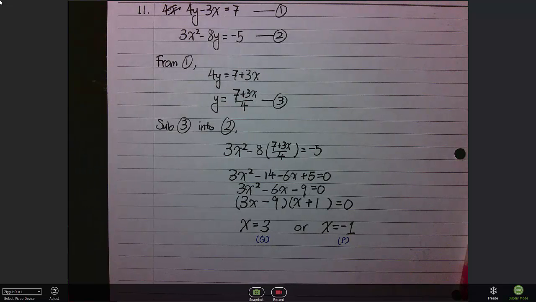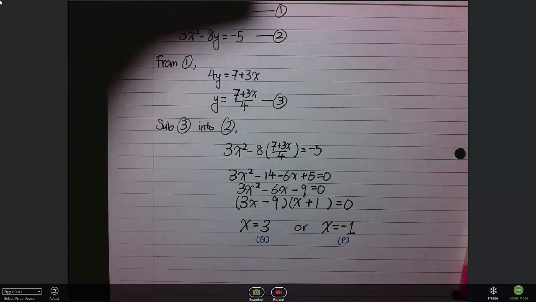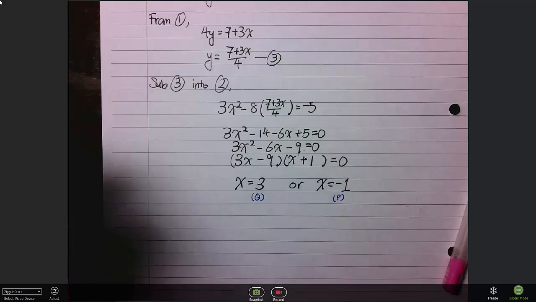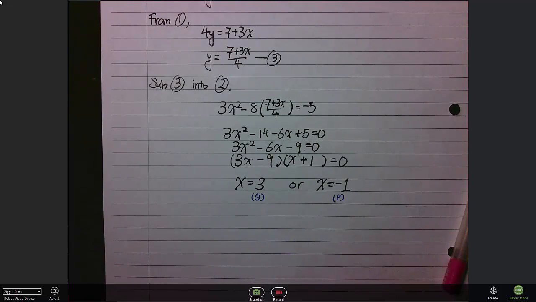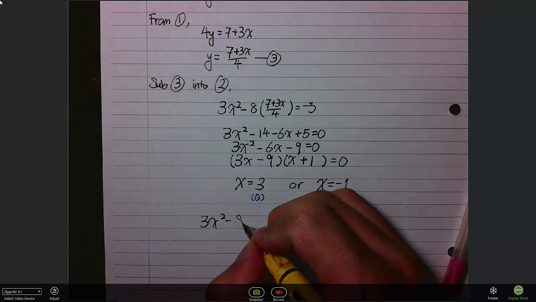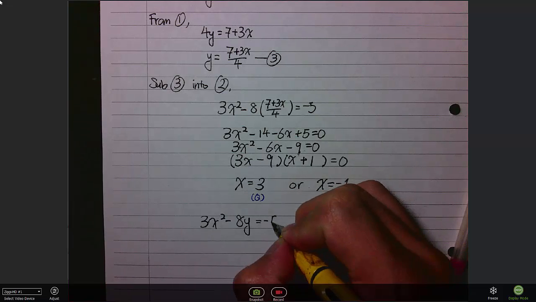As we have learned in question 8c, the first derivative will give me what I call the gradient of the graph. So now, how do I manipulate this? I need to be able to differentiate my curve. So I start with 3x squared minus 8y equals negative 5.